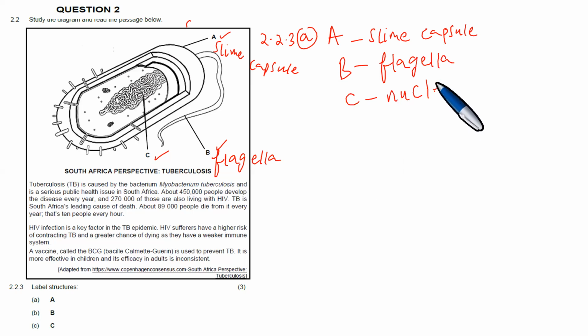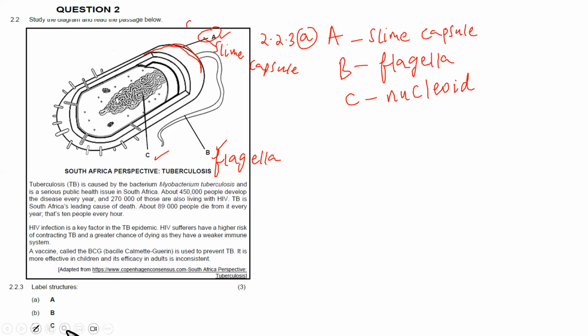Sorry, sir, can I ask something? Yes, please. The slime capsule is what protects the bacteria from toxic chemicals, right? Yeah, A is the slime capsule.